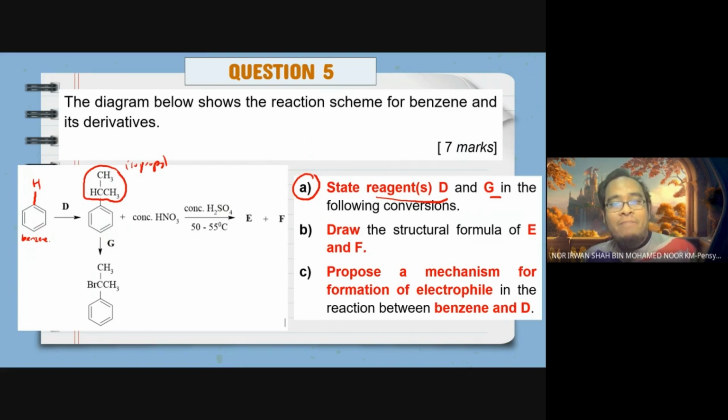Jadi dalam Friedel-Crafts alkylation kita tindak balaskan apa? Secara umum, benzin apabila you tindak balaskan dengan alkyl chloride in the presence of Lewis acid sama ada AlCl3 ataupun FeCl3, apa akan berlaku? H dekat gelang benzin ini akan digantikan dengan alkyl. Jadi kita akan dapat alkyl benzin.